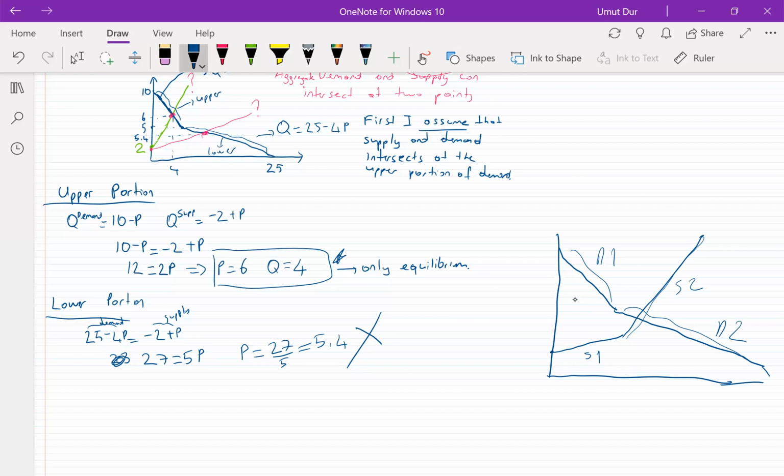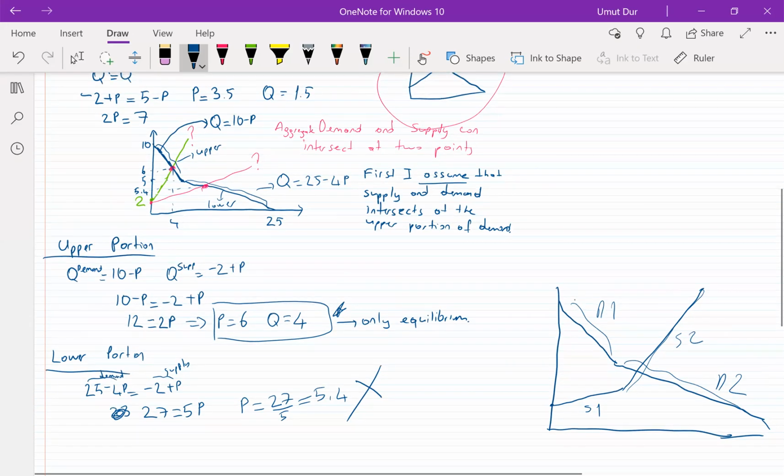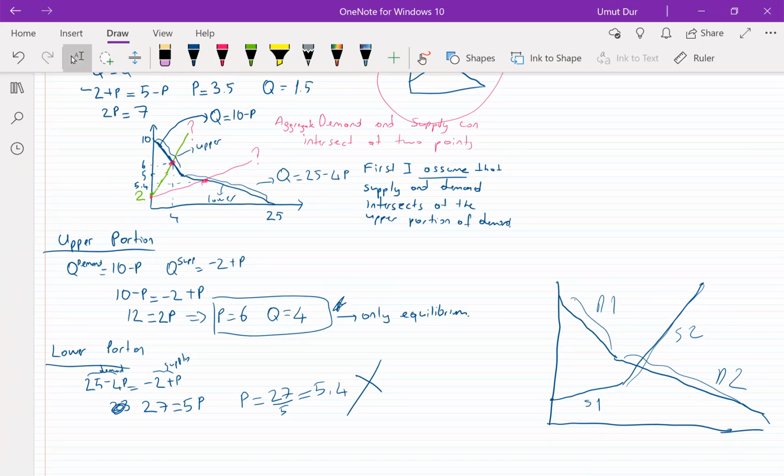So let's turn back to our question, part B. Why didn't we say that the price 5.4 is the equilibrium? Here is the reason. For the supply curve to intersect with the lower part of the aggregate demand, we are implicitly saying that the price should be less than 5.